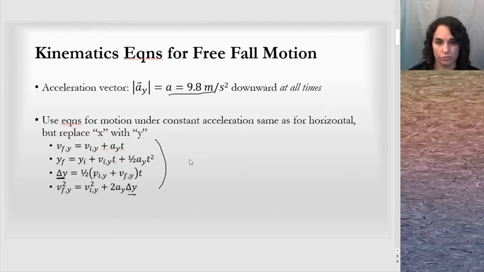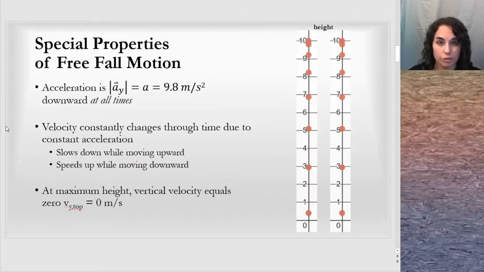We're thinking only vertically. A few special properties about free fall motion that we need to be aware of as we move forward. The first special property, over and over again so far, is that the acceleration is 9.8 downward at all times. Another thing that happens is because the acceleration is constant, the velocity is constantly changing.